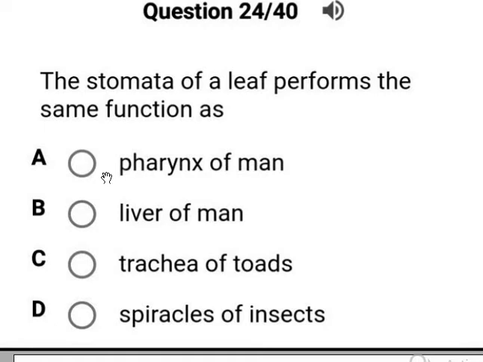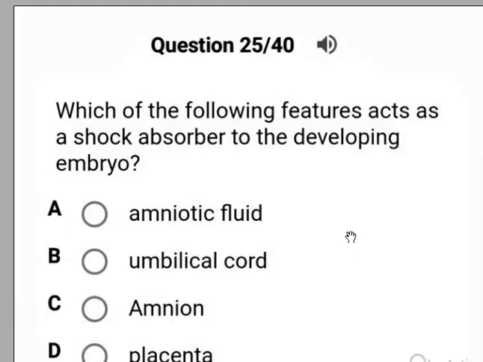Why? Because in vascular plants, air enters the cells of the leaves through the stomata, and this can be related to the trachea of the thought, as the trachea channels air into the lung. So option C is the correct option. Moving to the next question, which is 25.